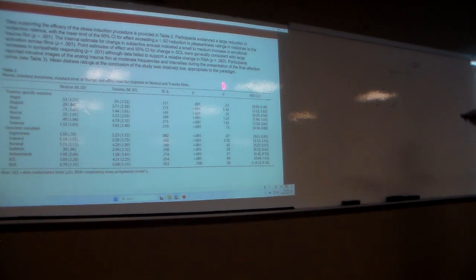Same thing here. We're calculating effect sizes and then providing confidence bounds around that, just trying to give people an idea. If anybody were to use this, here's our point estimate, but here's the range of values that's going on with this. Both of these studies had pretty large samples.